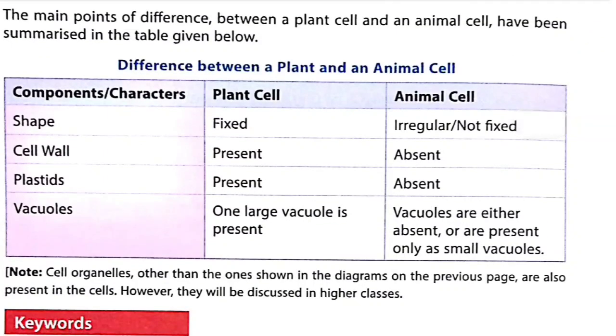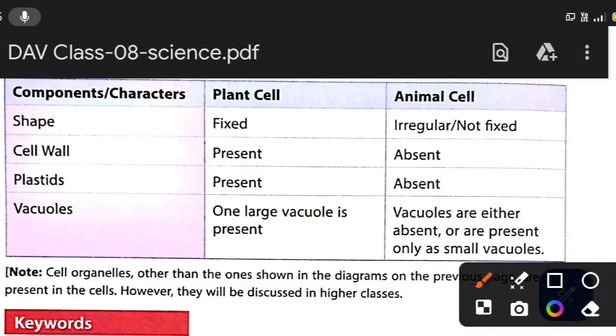Then the differences are tabulated here, on the basis of component or characteristic. First, on the basis of shape: the plant cell has a fixed shape, but the animal cell has an irregular or non-fixed shape.